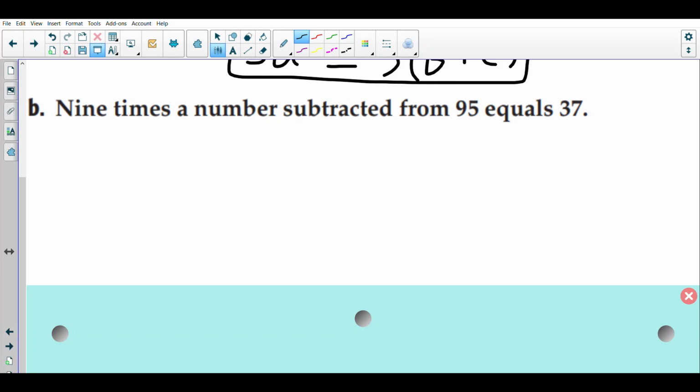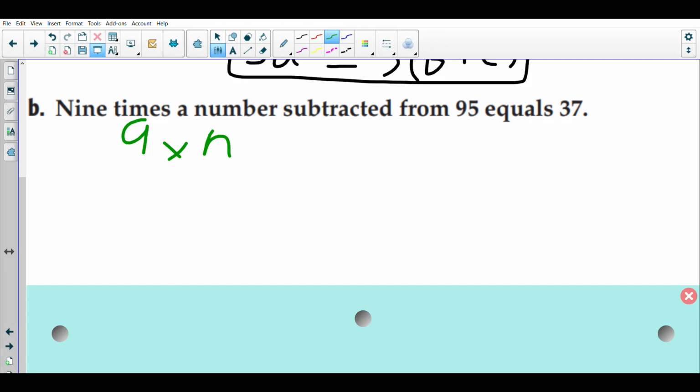9 times a number subtracted from 95 equals 37. So here we go. 9 times a number. So any number, let's just call it n for number, and then 9 times that. Subtracted from. Now this is another one of those tricky ones, kind of like less than. So subtracted from, so just think, if I 3 subtracted from 5.